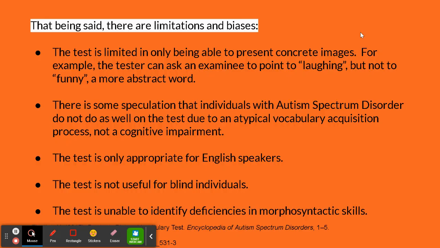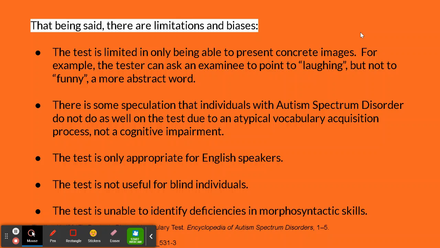As we know, with all standardized tests, there are limitations and biases. I didn't think that the ones for the Peabody Picture Vocabulary Test were very jarring at all. You can make accommodations quite easily. However, as I mentioned earlier, this test can only show concrete images. So items, an action someone is taking.